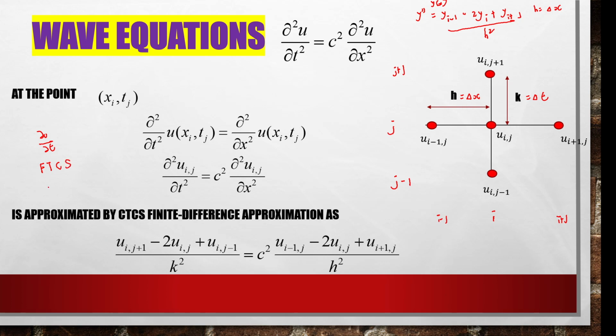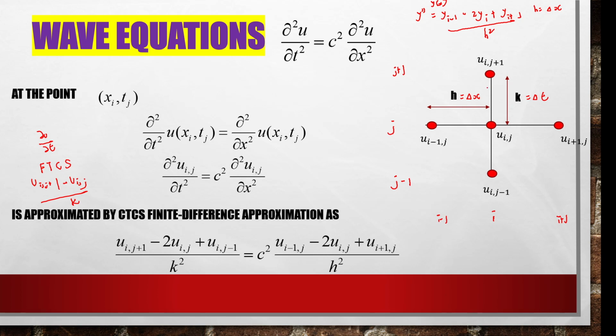So the left-hand side uses 2-point forward, uij plus 1 minus uij divided by k. The right-hand side for heat and wave is the same, because they have the same term, c squared del 2u del x2.